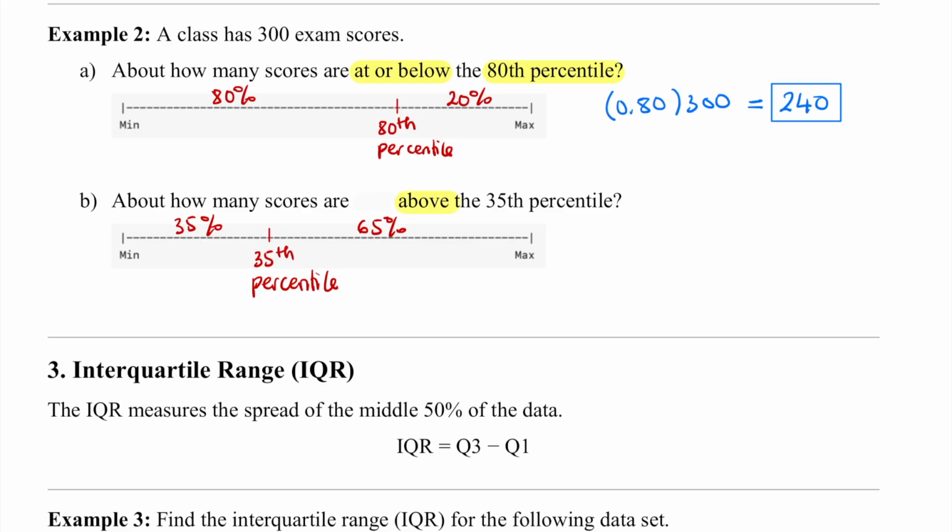We want to find how many scores are above the 35th percentile. So we take 65% of 300, which is 0.65 times 300, which equals 195. Approximately 195 scores are above the 35th percentile.